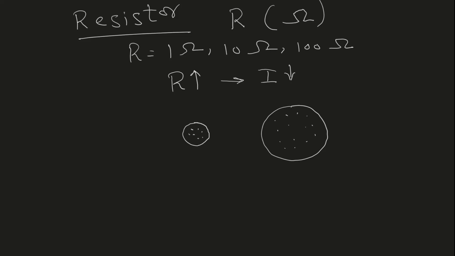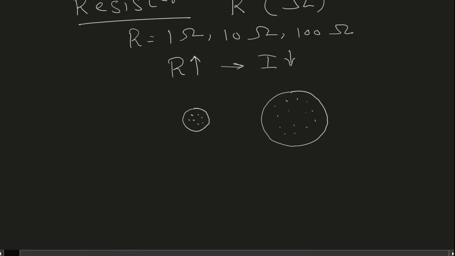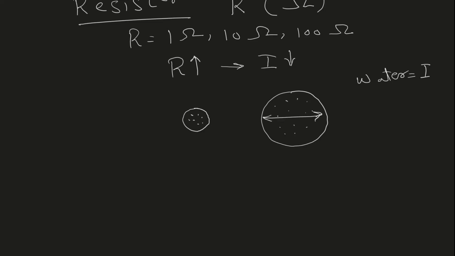Now you can see that the larger pipe will allow more water to flow. In this comparison, water is actually current I for us. So a pipe with a larger diameter actually means low resistance. So R is low.